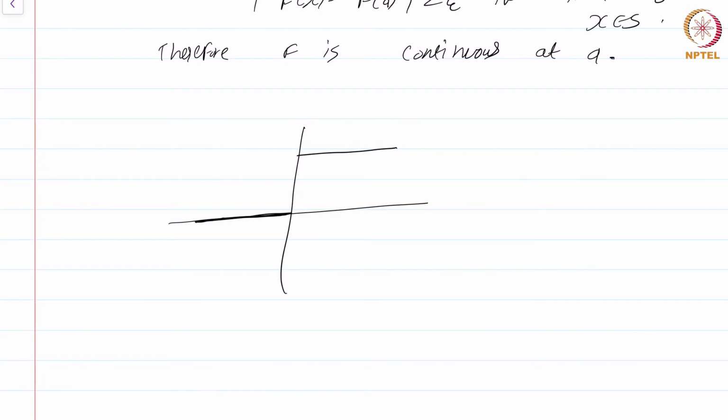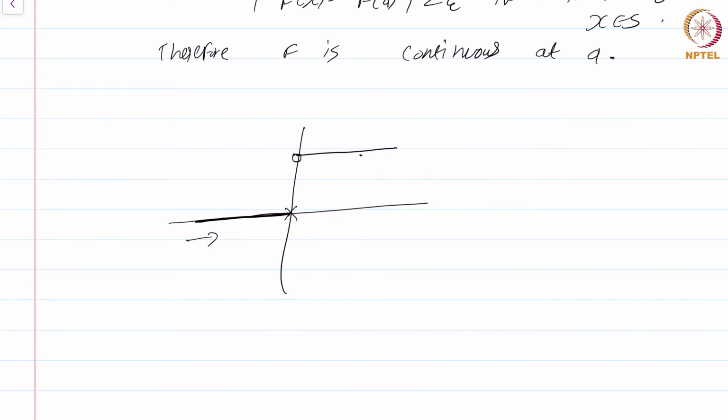This I denote by putting a circle here and a cross here to denote that at the point 0 the value is 0. Now here you note that the left hand limit exists and is equal to the functional value, but the right hand limit exists but is not equal to the functional value.